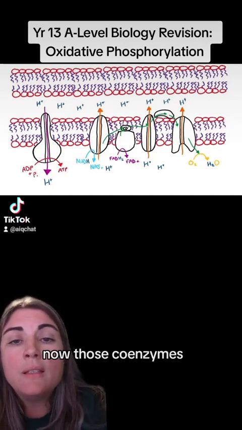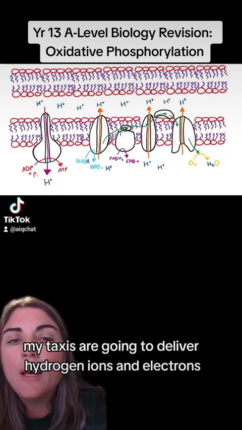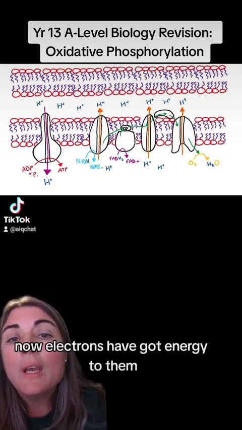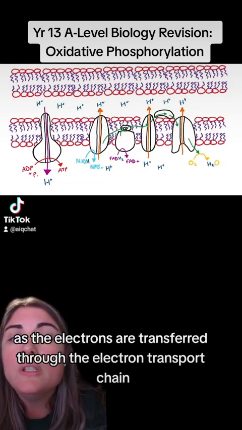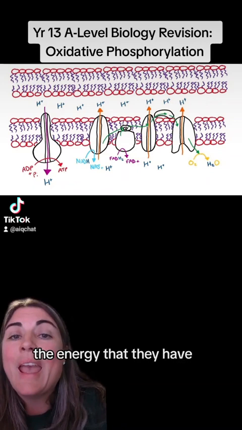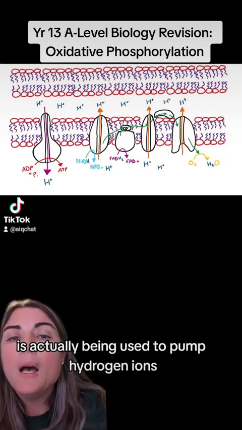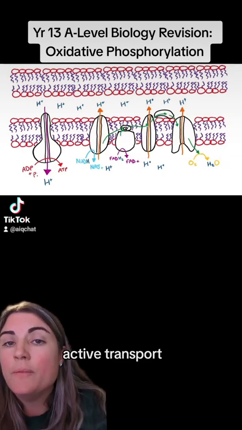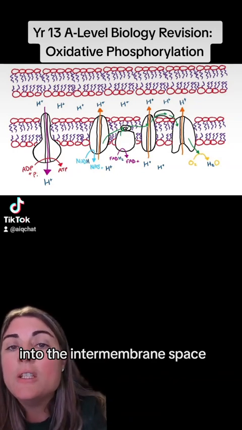Now, those coenzymes, reduced NAD and reduced FAD, are going to deliver hydrogen ions and electrons to the electron transport chain. Now, electrons have got energy to them. So what happens is as the electrons are transferred through the electron transport chain, the energy that they have is actually being used to pump hydrogen ions against their concentration gradient, active transport, from a low concentration to a high concentration into the intermembrane space.